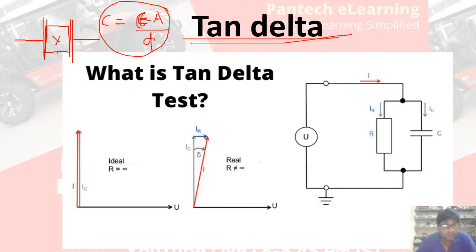Now if I want to check the healthiness of the insulation, that is when this tan delta test is performed. Normally, if it is very healthy, with no aging, 100% pure, then only the capacitive current will flow through it.